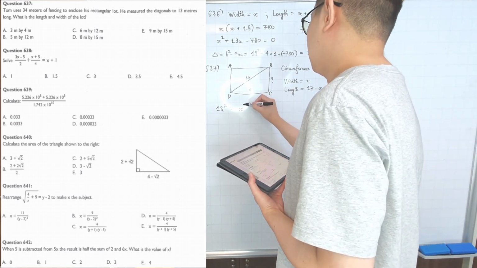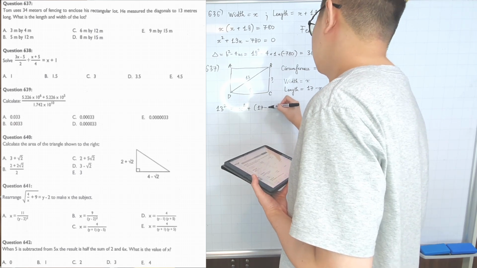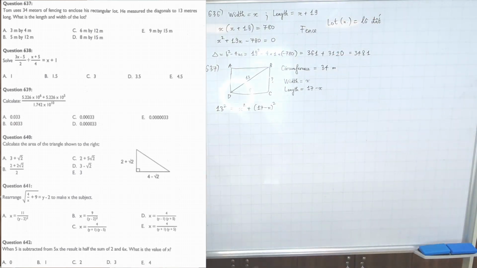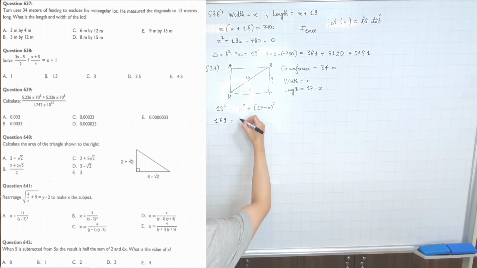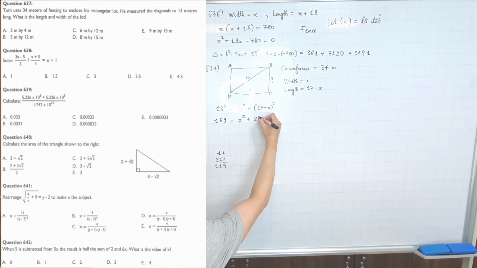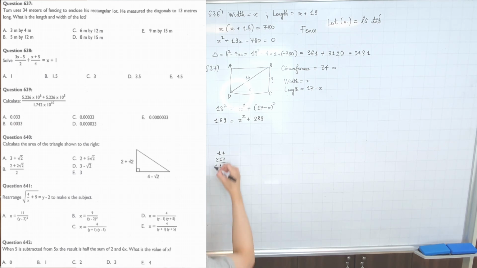So, x squared plus 17 minus x squared, Pythagoras. 169 is going to be equal to x squared plus 17 squared, which is 289.